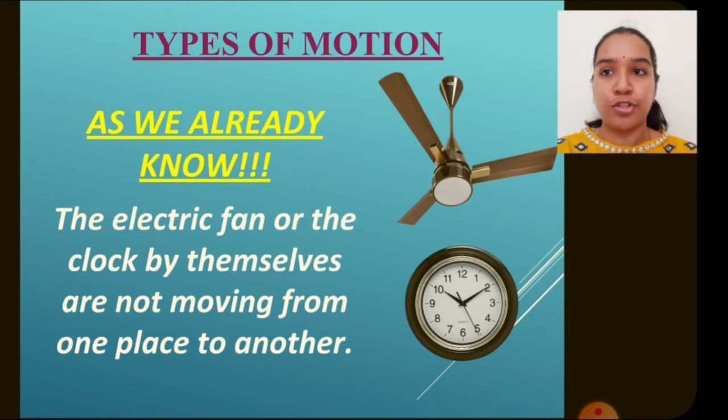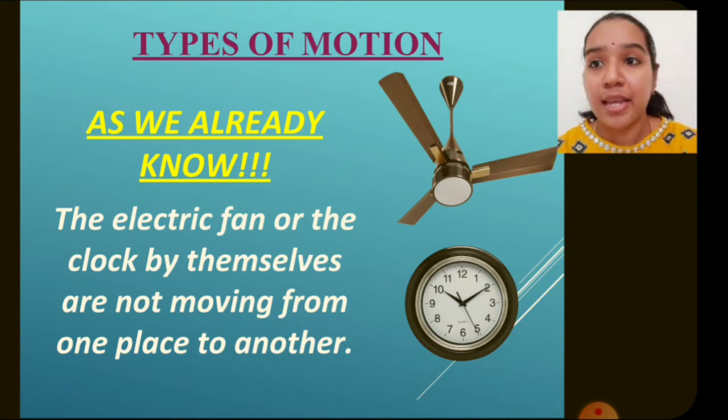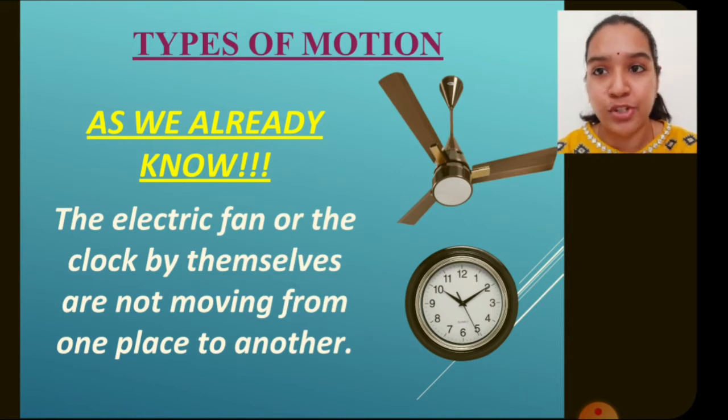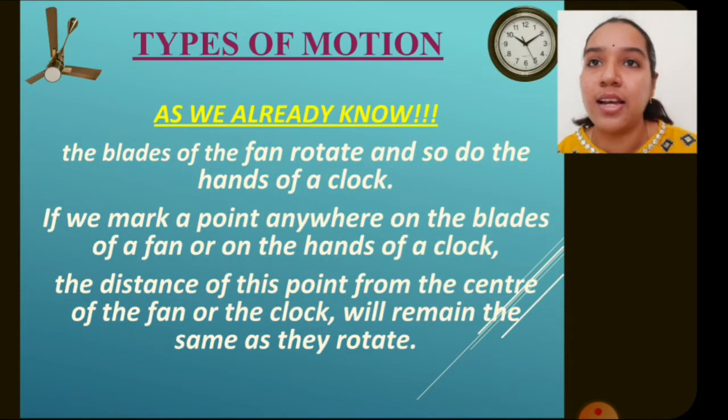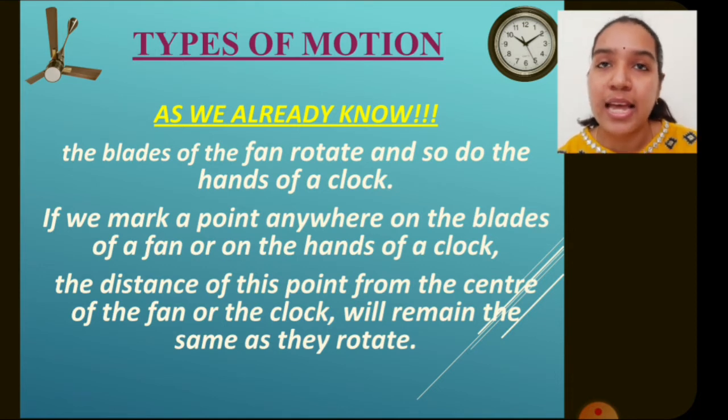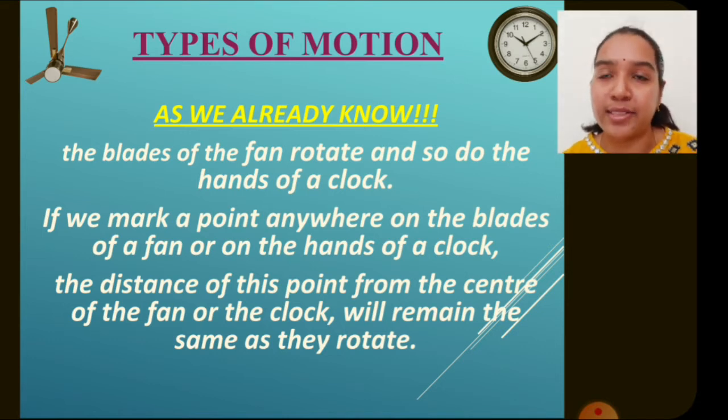As we already know, children, the electric fan or the ceiling fan and the clock, they by themselves are not moving from one place to another, but their parts show some movement when some force is applied. If you mark a point anywhere on the hands of a clock, the distance between the center to its edge remains the same at any position and at any point of rotation or movement.